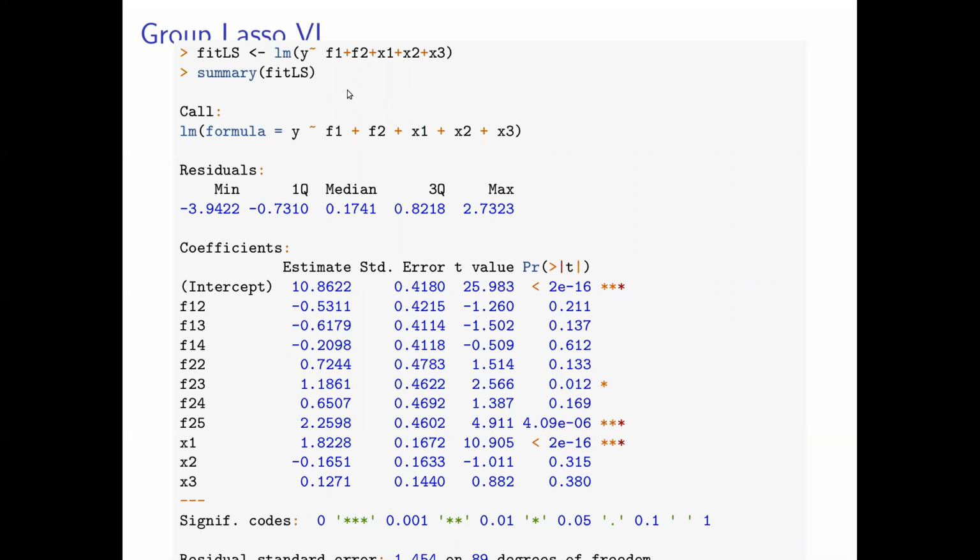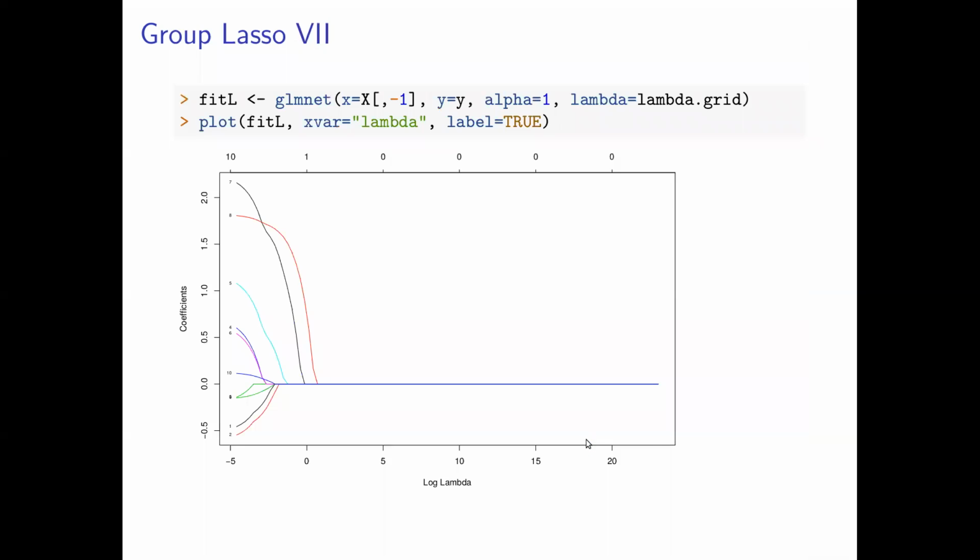Basically, if we put the whole thing in an ordinary least squares estimate, we see that only the fifth group of the second factor variable and only the first of the numerical variables are relevant in this model, and of course the intercept. And basically this is how we constructed it, and also what we would like to see in lasso.